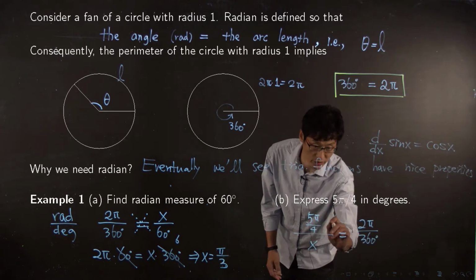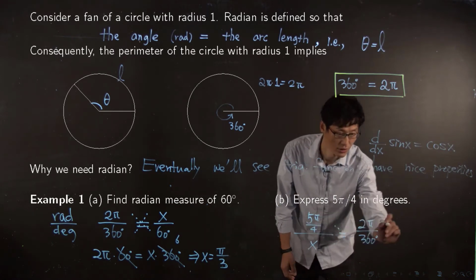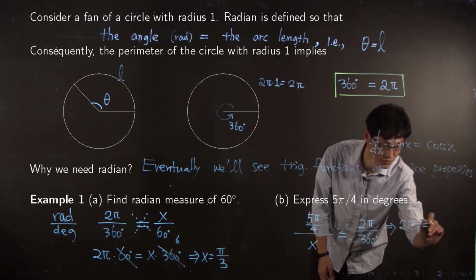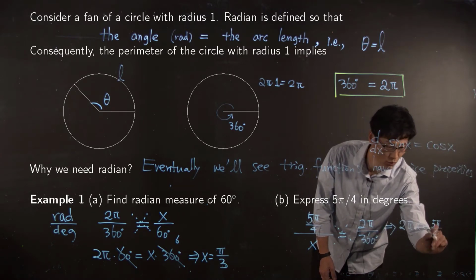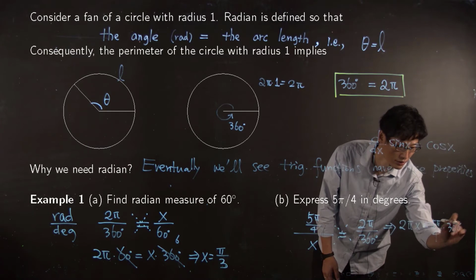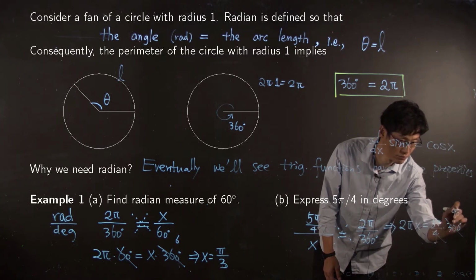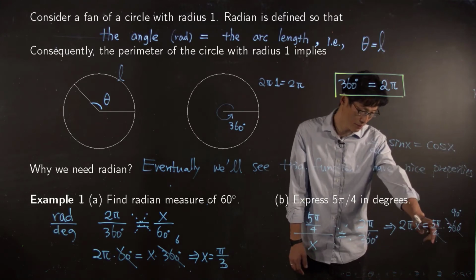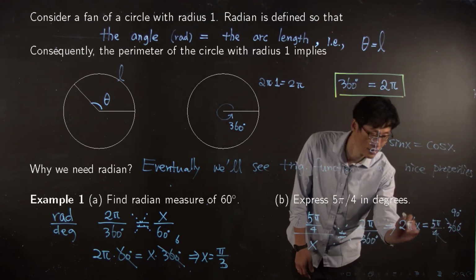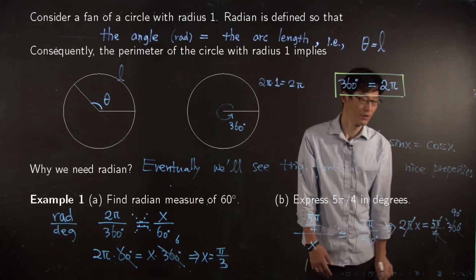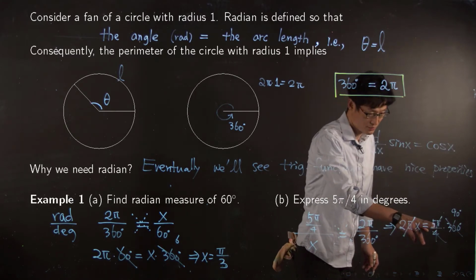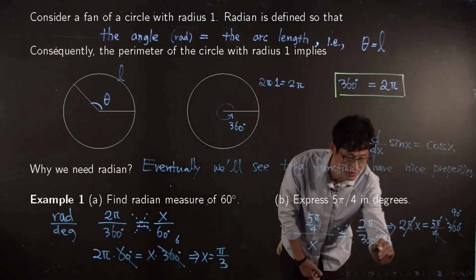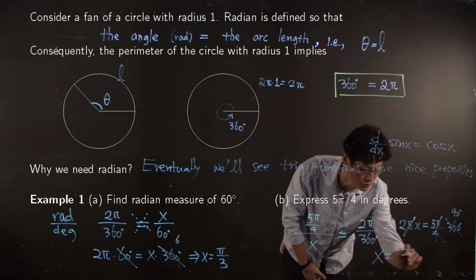Again, you can take the cross product like this. That means 2 pi x is 5 pi over 4 times 360. So after canceling, we have 90 times 5 pi is 2 pi x. So 5 times 90 is 450, divided by 2, our x is 225.